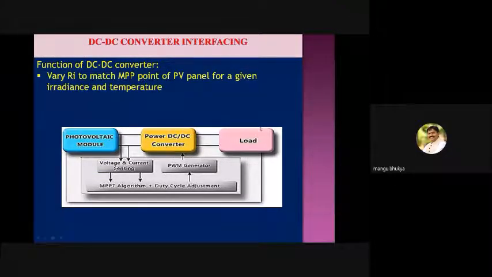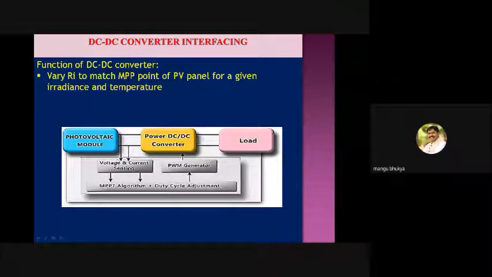Here I am trying to tell that between the load and the source we require an interface circuit. The goal is that, based on the load, we have to extract the maximum power from the panel, irrespective of the load condition or the environmental condition.